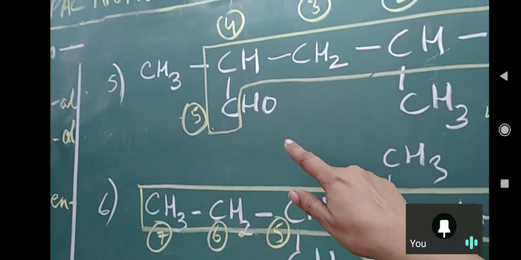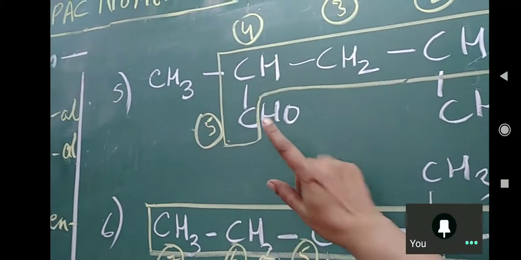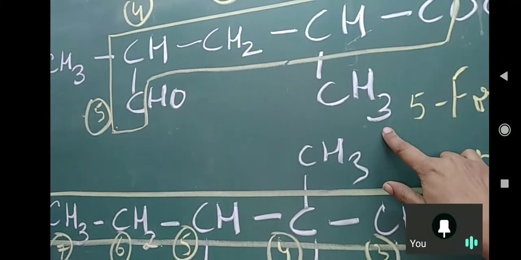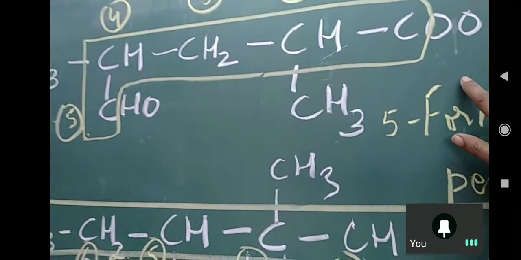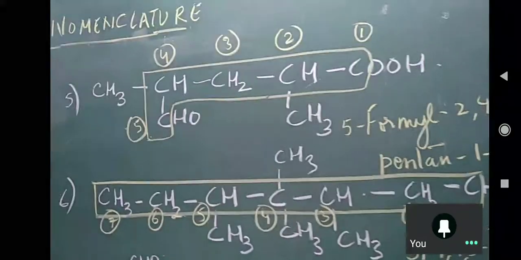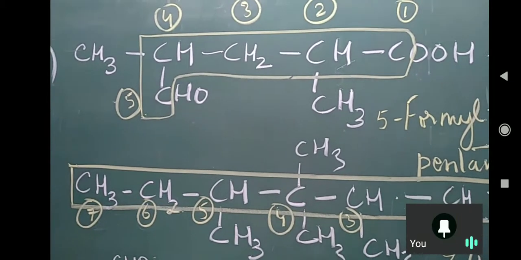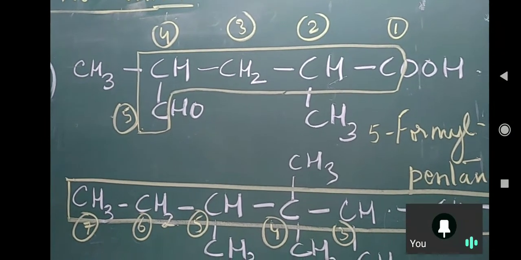What is CHO group? Aldehyde. This is methyl. This is carboxylic acid. Now see the chain which I have chosen, is it correct or is it wrong?